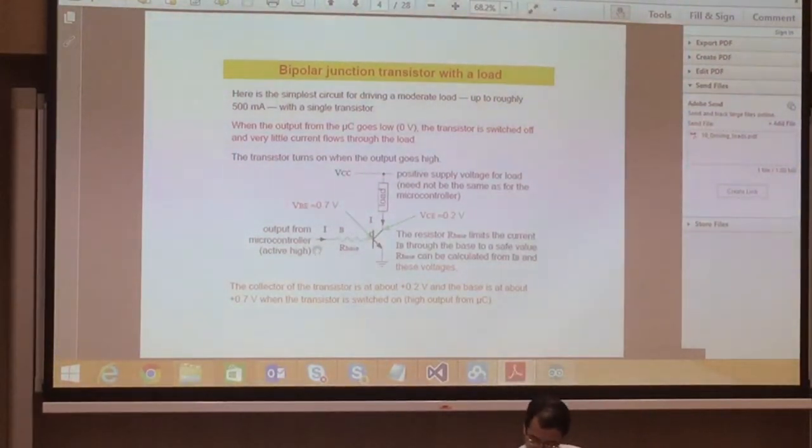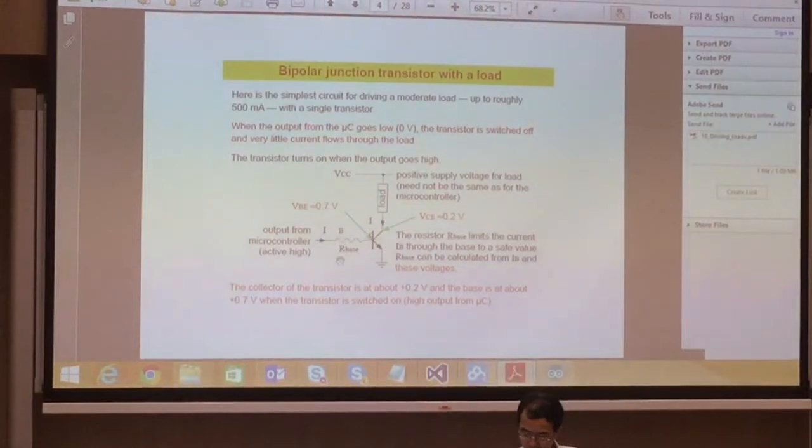Your output from the microcontroller you connect to your base. The output current from the microcontroller is very small, only 3 to 5 milliamps. It goes into the base, and because of the current amplification, you can supply roughly about 500 milliamps to the load. So that gives you the idea. Is it clear so far?